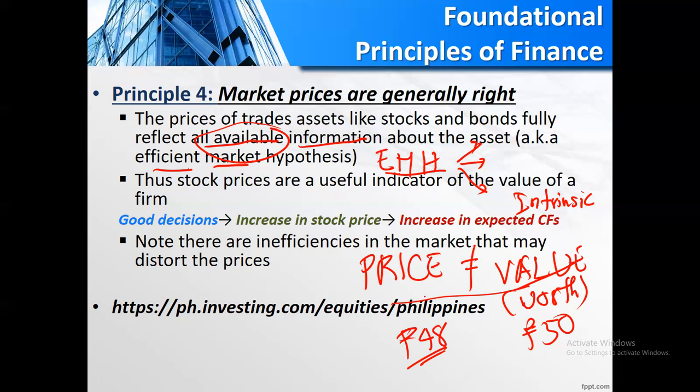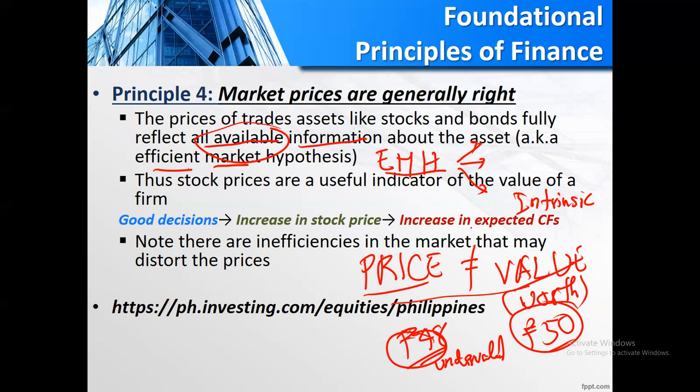So that means that the stock is undervalued, okay? Because in the market, it's selling at 48, when in fact, the actual value, the worth, is 50 pesos. So the decision here is to invest, buy that stock, because the price of the stock is undervalued. Again, the price is the amount by which it is being traded in the market.